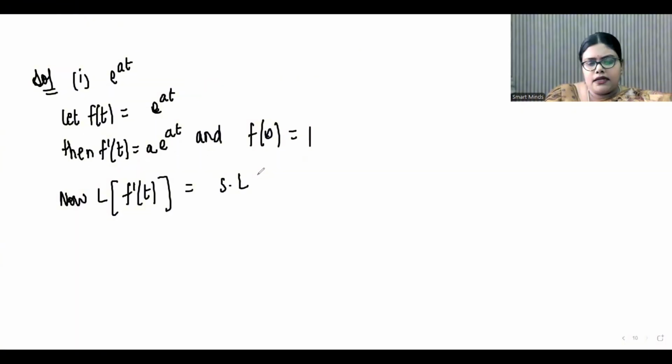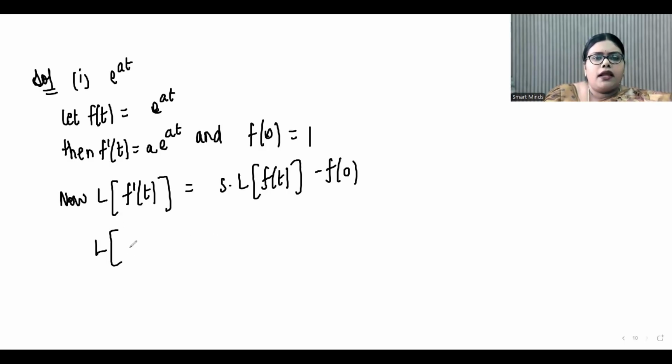That is s into L of f of t minus f of 0. So that is L of f dash of t, a e power at, is equal to s into L of e power at minus 1.